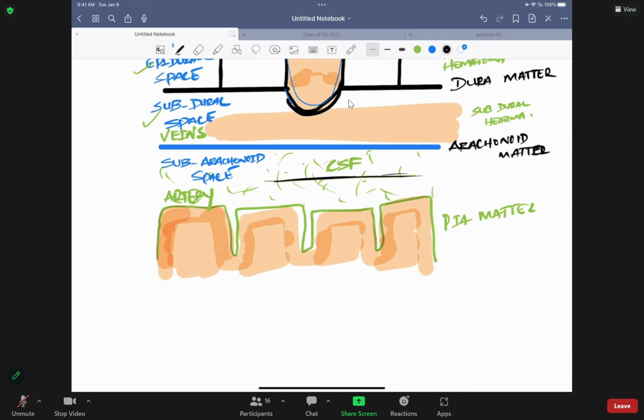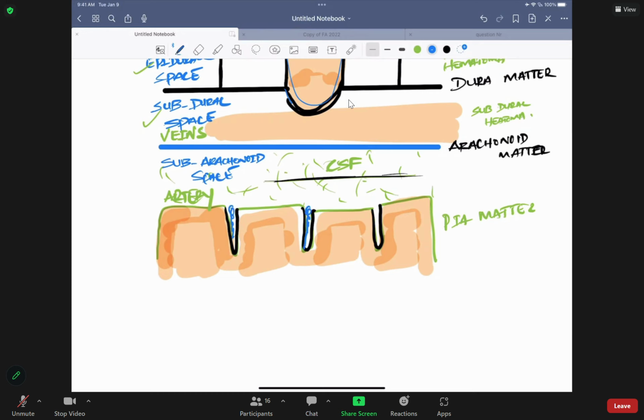This area, I'm going to highlight it. What do we call this? These are called sulcus. That means a small groove. Is that clear, folks? They ask this in the exam. The only bleeding where the blood can get into this sulcus is subarachnoid hemorrhage, nothing else.